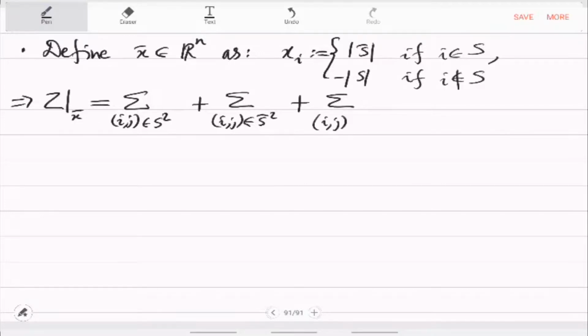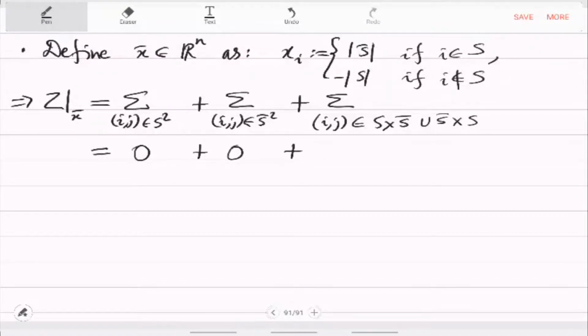That's the rest. So what are these 3 parts? So as I said, this is xi minus xj square, right? For i and j both in S, it's 0. I and j both in S bar, it's 0.